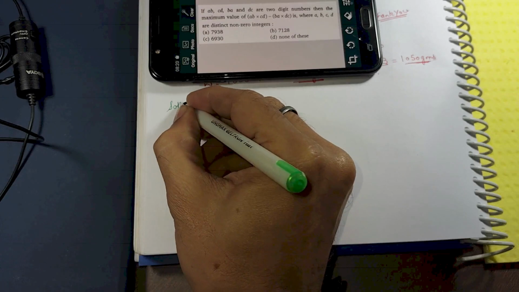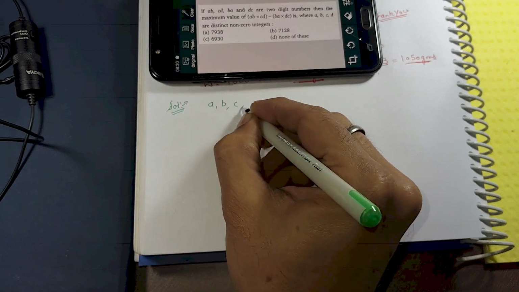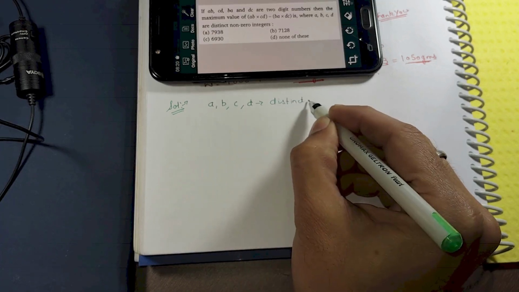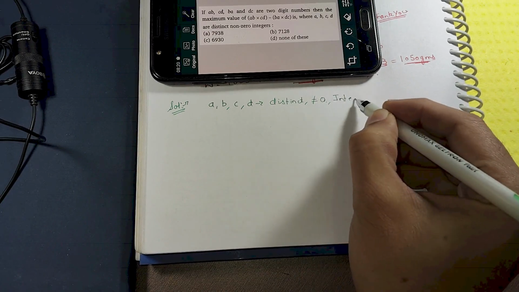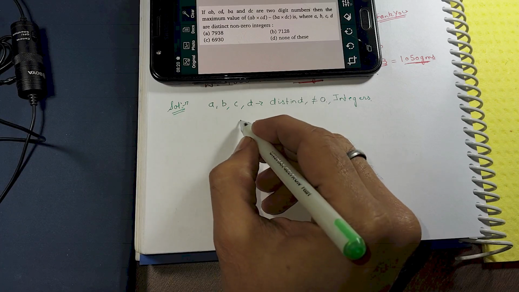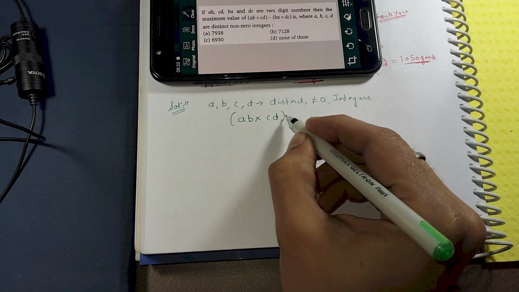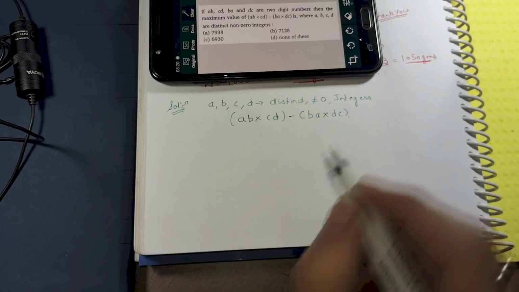So we have been given that A, B, C, D are distinct and not equal to 0, and are integers, right? Now we need to find the maximum value of AB into CD minus BA into DC, right?